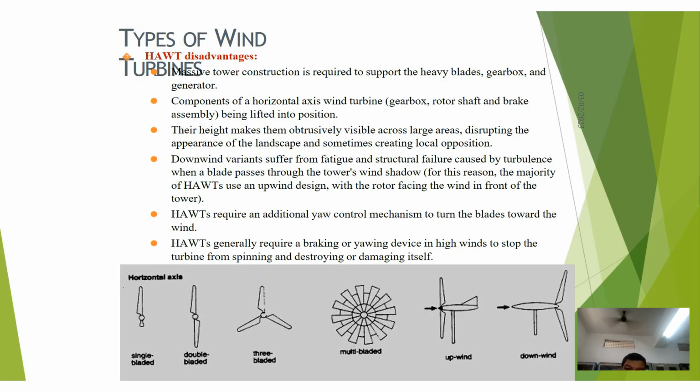Whenever we have two blades, it is termed a double bladed wind turbine. Whenever we have three blades, it is termed a three bladed wind turbine. Whenever we have n number of blades, it is termed a multi bladed wind turbine. Based on the wind direction, it may be upwind or downwind. Based on that, they are classified as upwind horizontal axis wind turbine and downwind horizontal axis wind turbine.